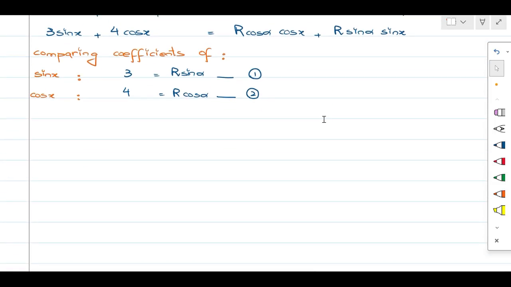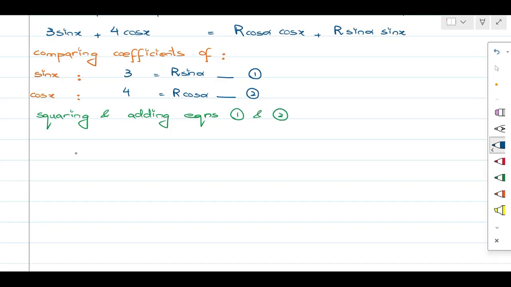So first thing, let me say squaring and adding equations 1 and 2.